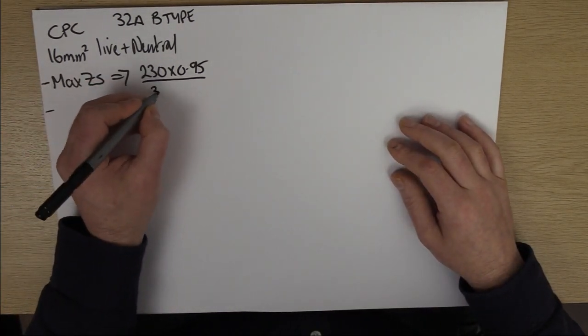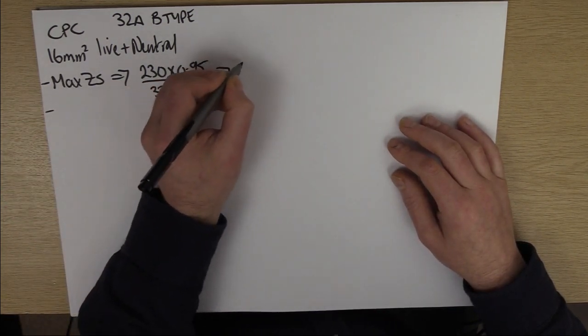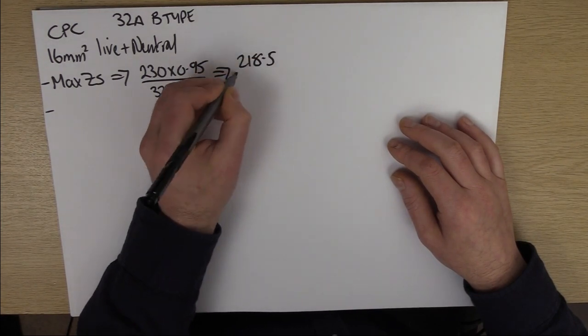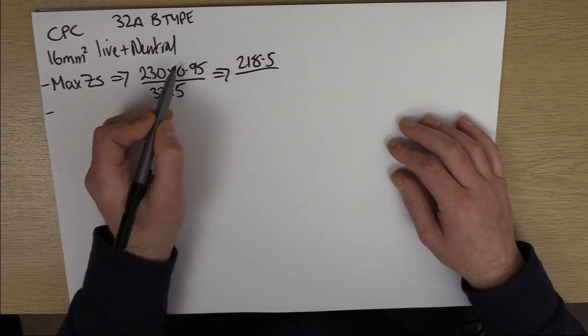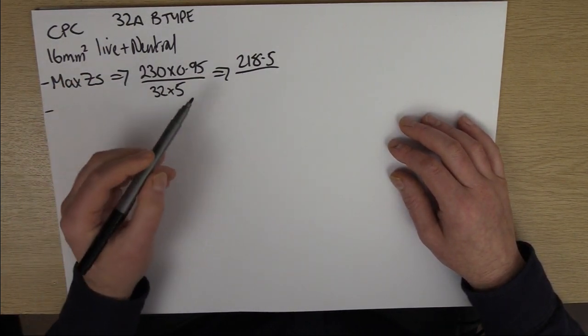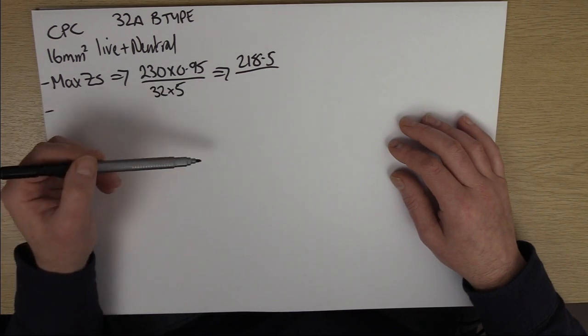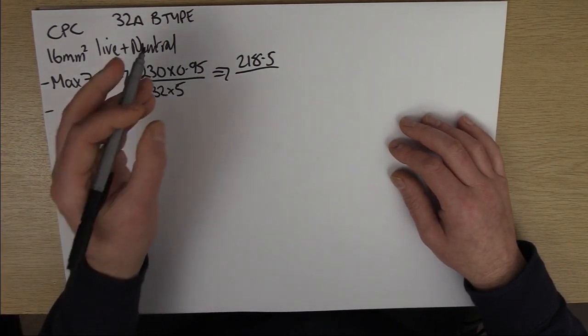So in this case it would be 32 times 5, so we end up with 218.5 volts. This is a C min factor, by the way. It just drops the voltage a little bit for the worst case fault current. If you've got lower voltage, you're going to have a lower fault current. So if it complies with that, chances are we're all good.